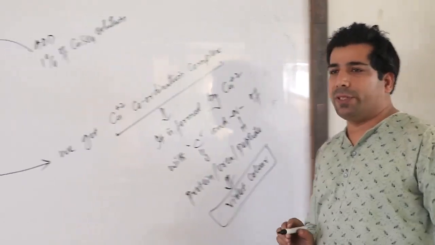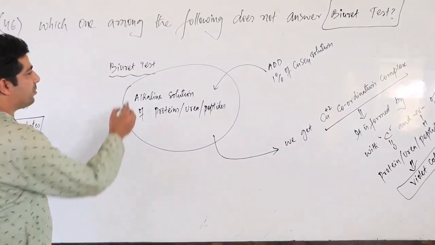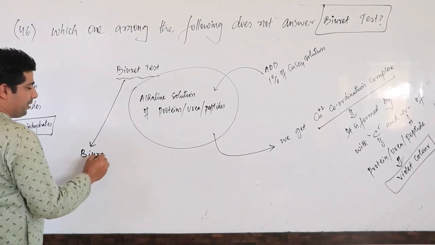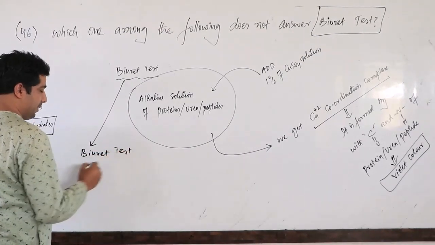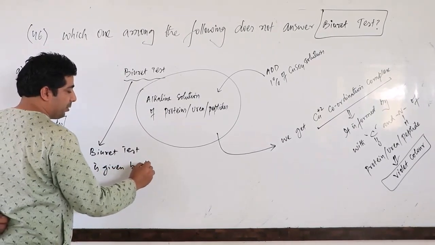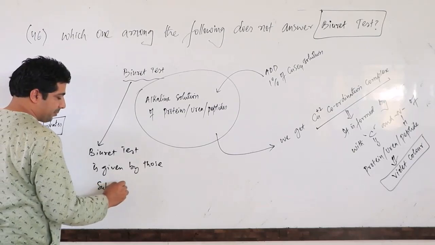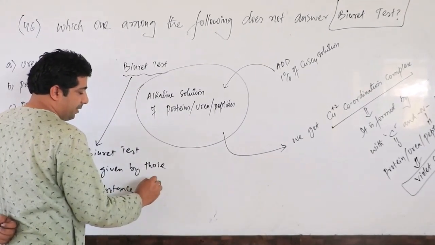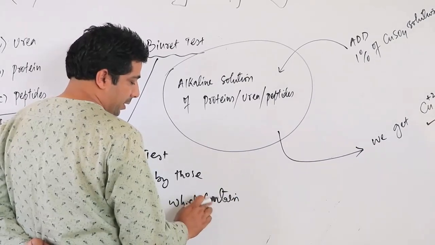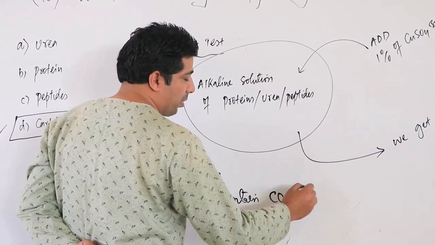I hope, my dear friends, you have understood this thing. In short, I will write down here: biuret test is given by those substances which contain CONH bond.